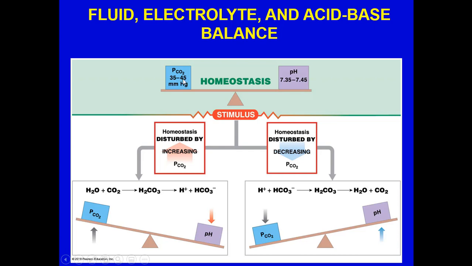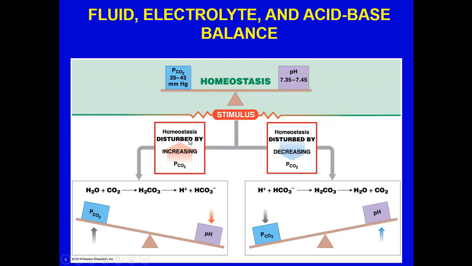Real simple. If the numbers go in a direction where I have an increasing partial pressure of CO2, the water and the CO2 will form carbonic acid, and these will generate more hydrogen ions and bicarbonate ions. So as you have an increase in PCO2, you have a decrease in the pH.